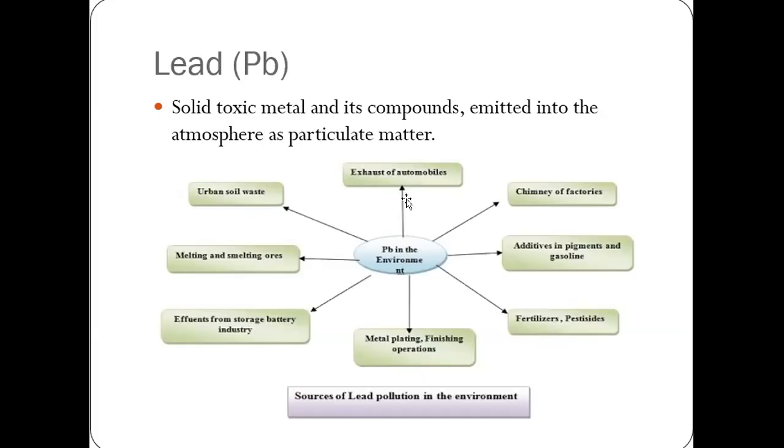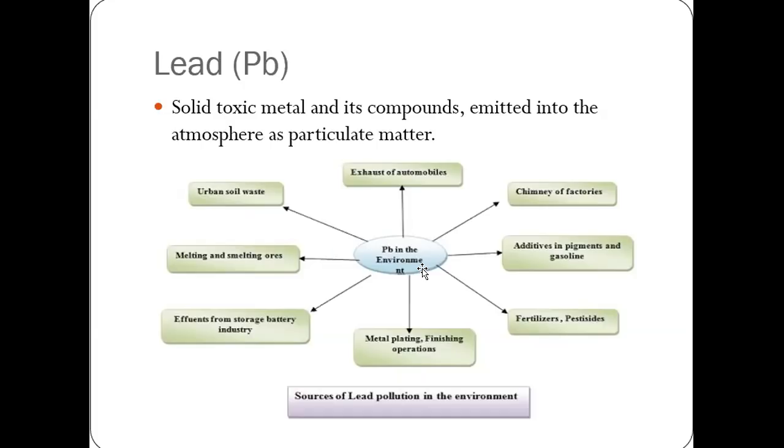However, lead is not only emitted through automobiles, but also in other forms, such as in urban soil waste, in melting and smelting ores, in industry, such as if you are going to melt or convert aluminum into a liquid state, or when gold and silver are being smelted.